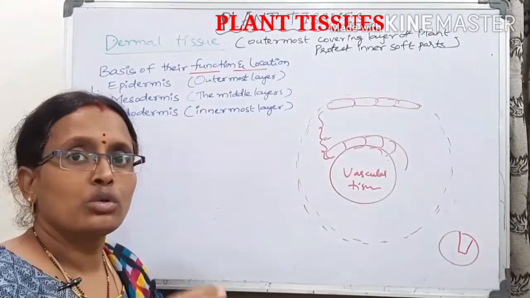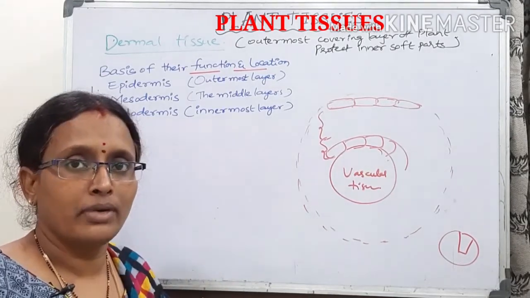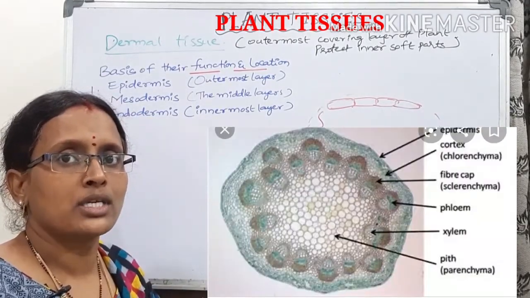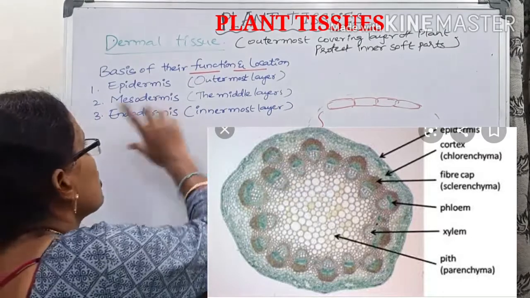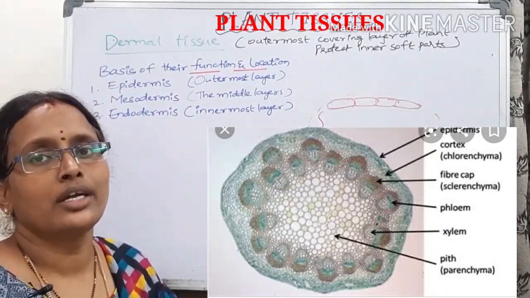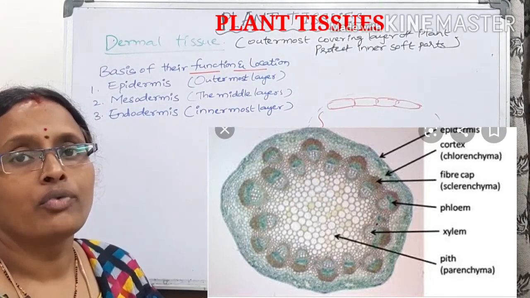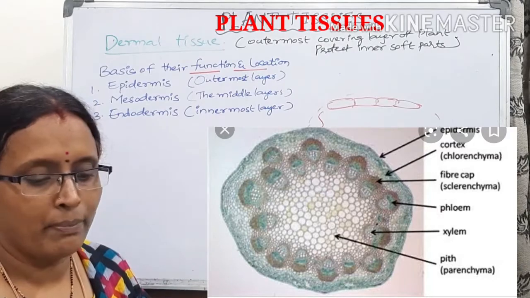The layers below the epidermis are known as middle layers or mesodermis. The inner layer is known as endodermis. All these layers are for protection only.